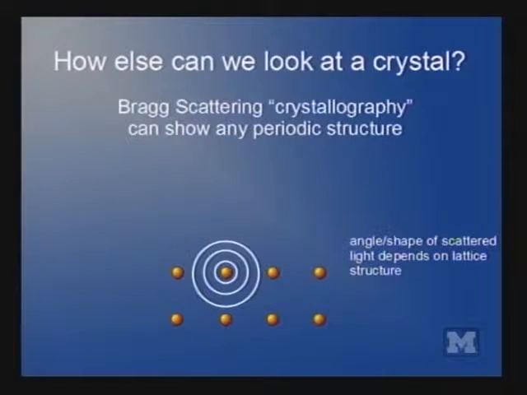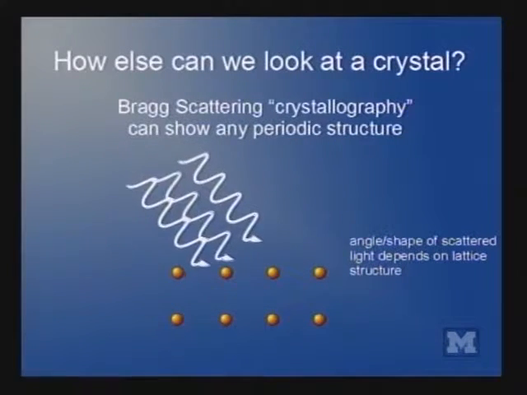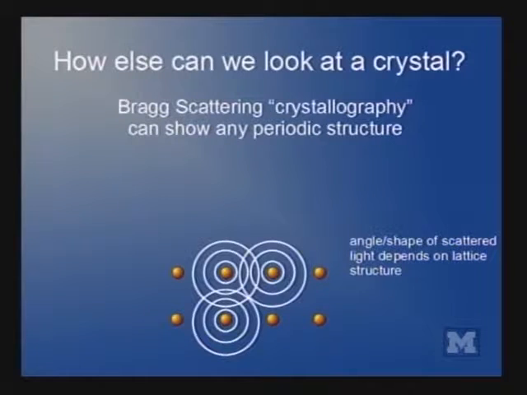Okay, say you have more light coming in, several photons at once. They all hit a bunch of different particles, they all scatter off in random directions. So far, so good. But you have some peaks lining up with peaks, some troughs lining up with peaks, some troughs lining up with troughs. And so you have interference. And it turns out there are only certain angles at which you get constructive interference so that you actually get light coming out.